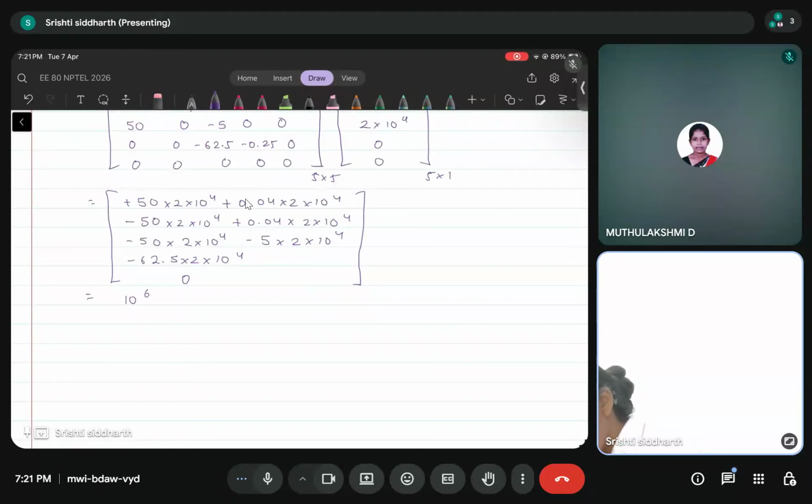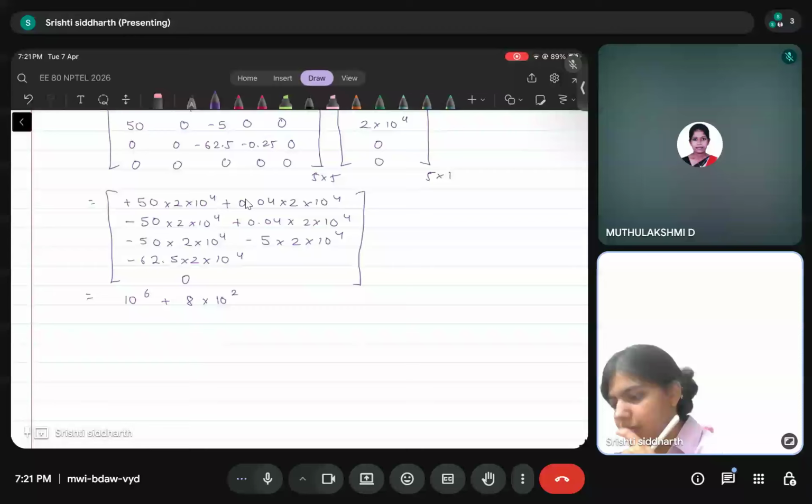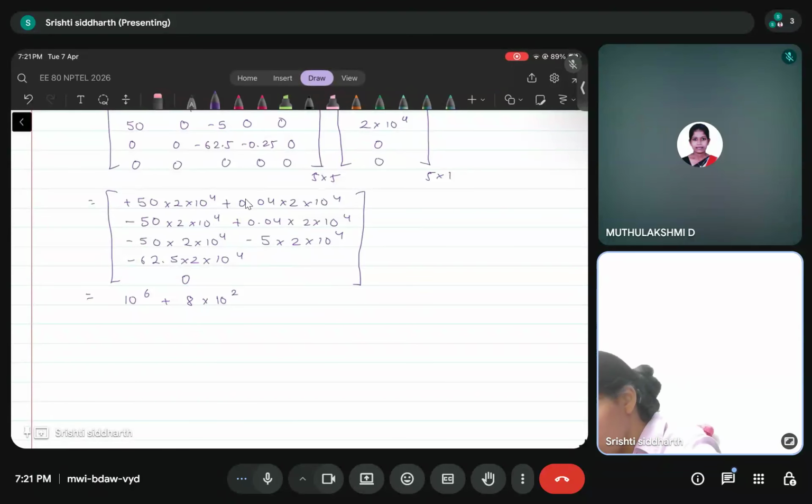Then it's plus 8 into 10 to the power 3. Okay. Then we have minus 10 to the power 6 plus 8 into 10 to the power 2.